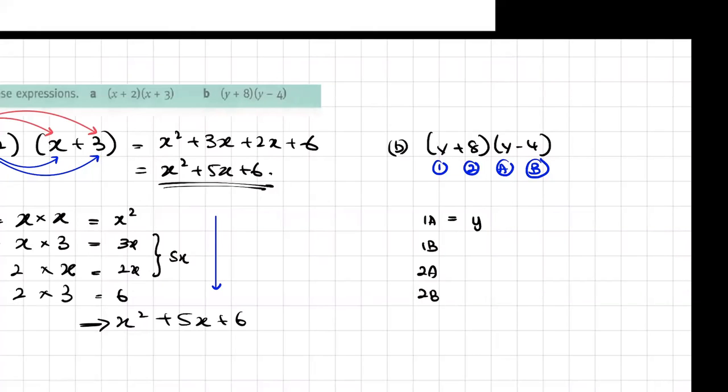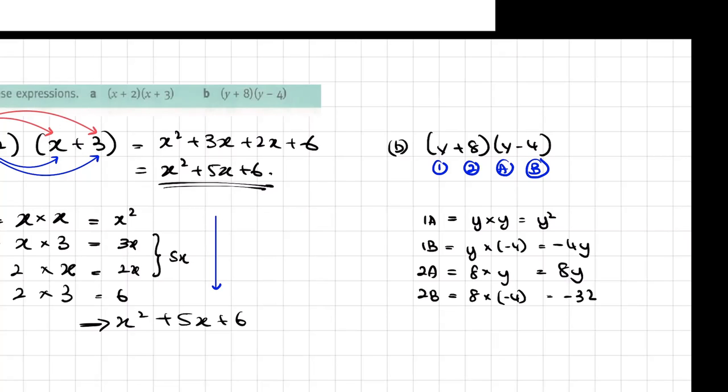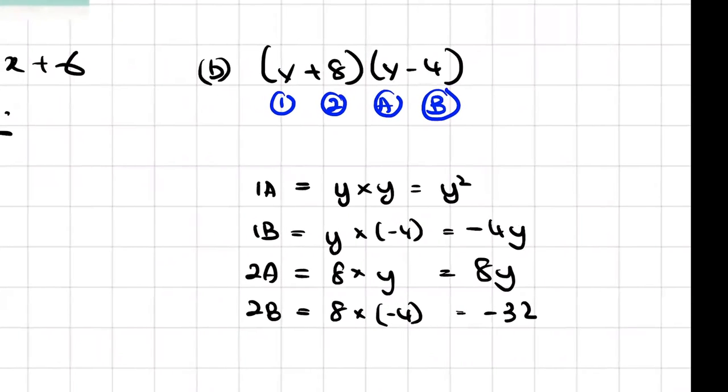Y times Y squared. 1B, Y times -4, that is -4Y. 2A, 8 times Y, 8Y. 2B, 8 times -4, -32. So it's exactly like the previous method.